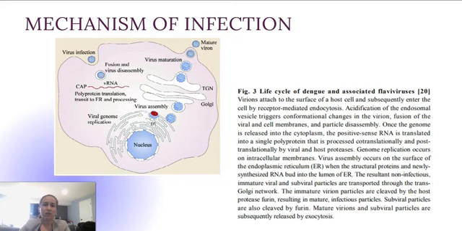In the early phase of DENV replication, virus particles attach to the receptors and further enter the cell via the clathrin-mediated endocytosis pathway.